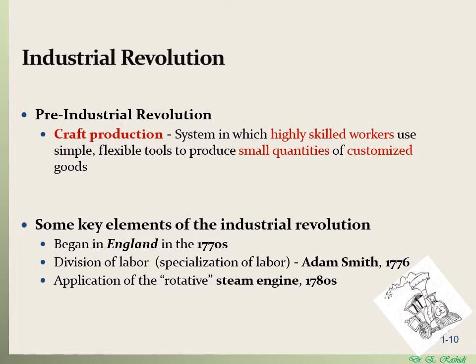So if we can produce and apply very productive and effective machines, they're going to beat every laborer. These were the basic elements of the Industrial Revolution that changed operations management and how systems, organizations, and businesses worked.